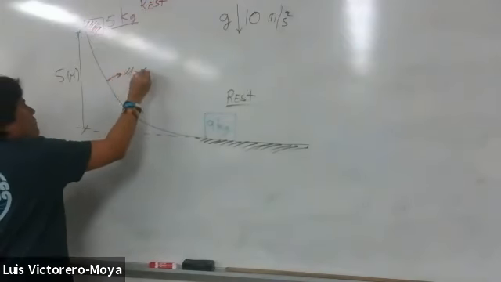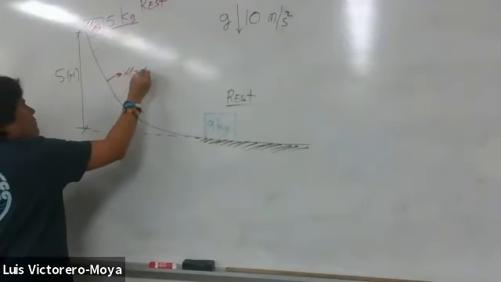How do we get the speed? By conservation of energy. The potential energy is going to be equal to the kinetic energy where? Exactly before the collision. Here. Right? There.